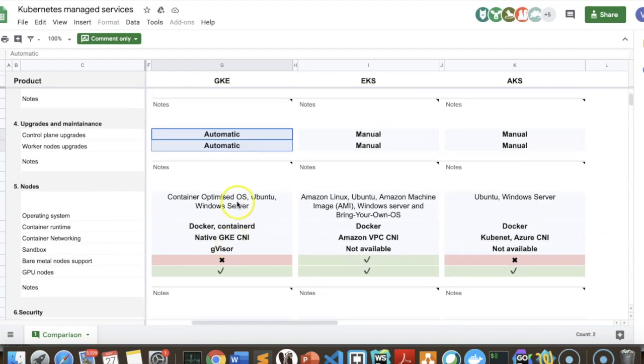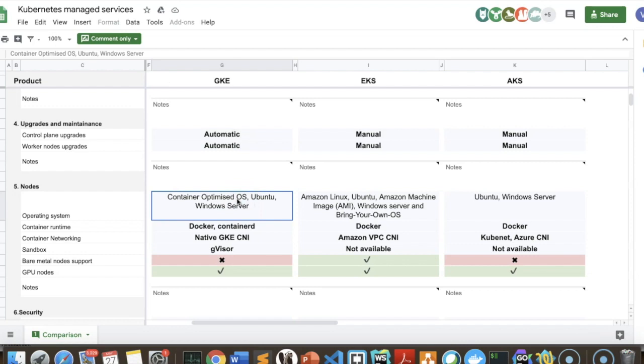And the kind of operating systems available for you to run your services, they all support Windows Server. I don't know why and how Windows servers are being run in Kubernetes. Actually, it's been a while since I have used Windows servers. Probably they might have got better nowadays.